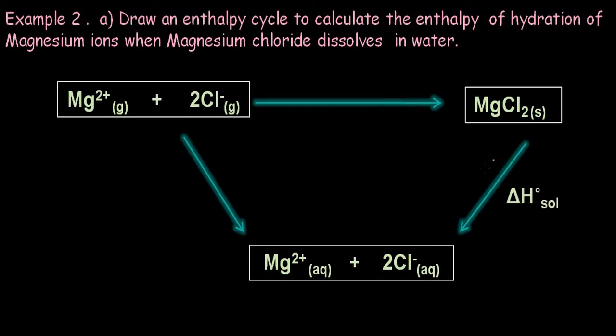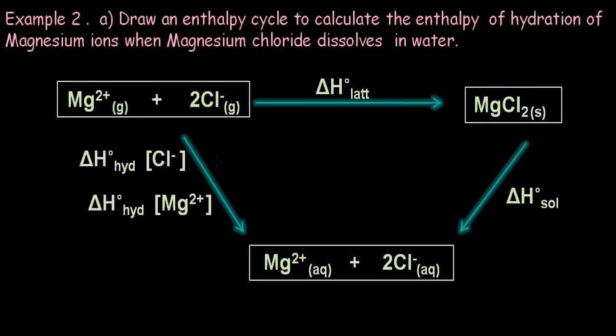So this process is called enthalpy of solution, and the process in which the magnesium ion and chloride ion form the magnesium chloride in its standard state is called enthalpy of lattice, and the process in which the magnesium ion and chloride ion in gas form change into aqueous forms is called enthalpy of hydration.